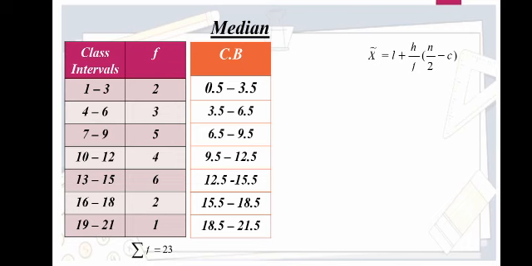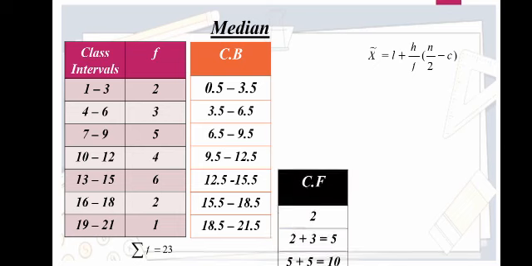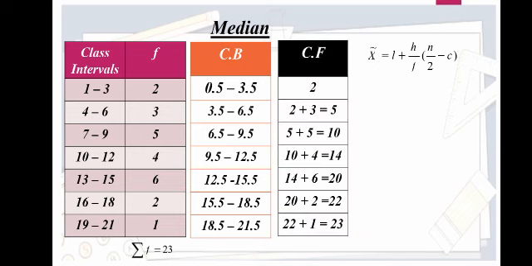Now for the median, the first requirement is that you have to make the class boundary column, and the second requirement is that you have to make the cumulative frequency column, because in the formula N by 2 minus C is there, and C is representing the cumulative frequency. So how can you calculate the cumulative frequency?